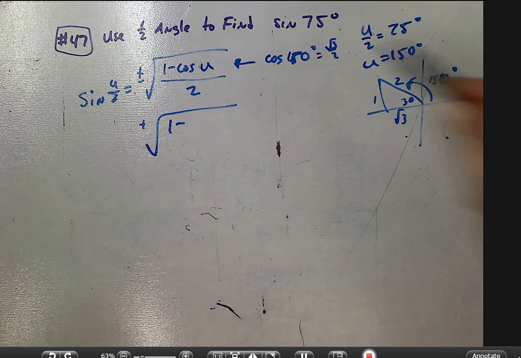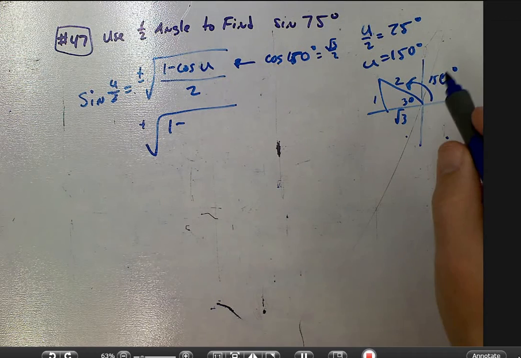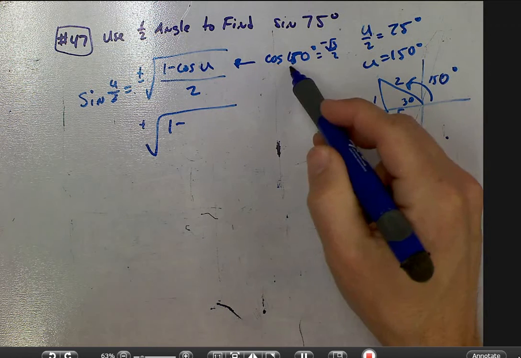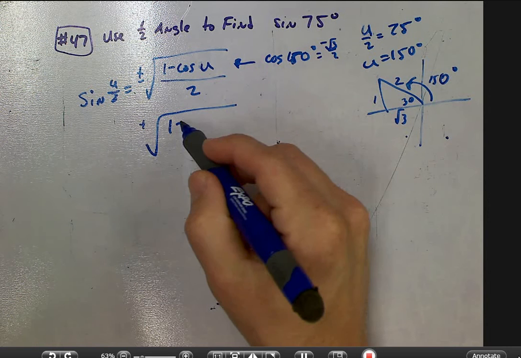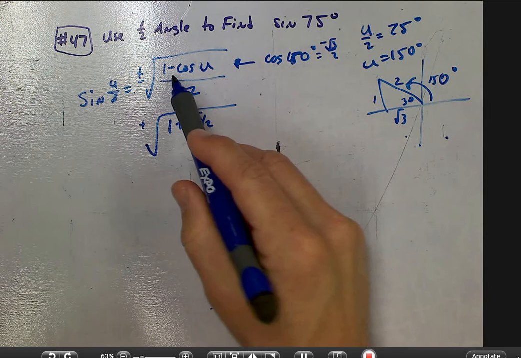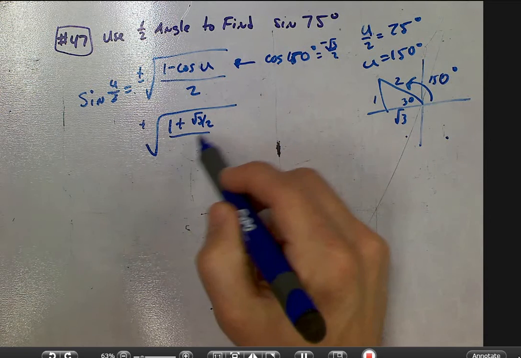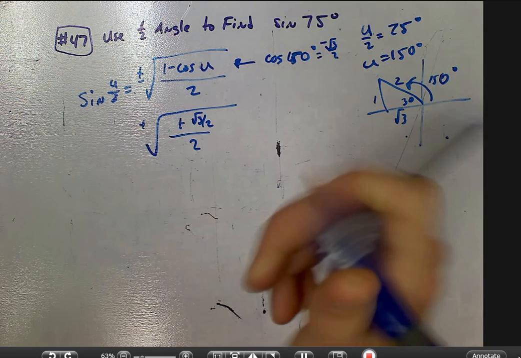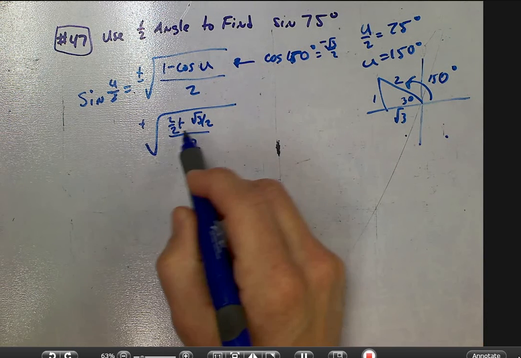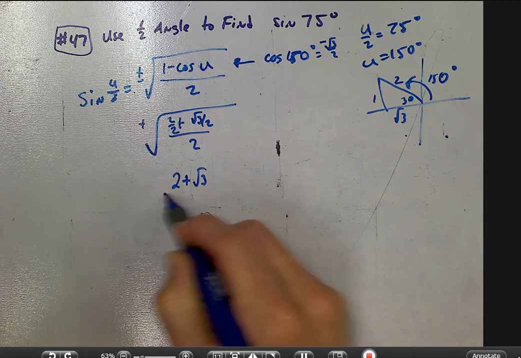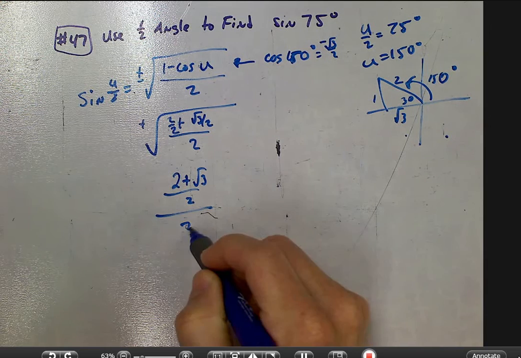And it's, again, negative because it's in the second quadrant. 150 is in the negative quadrant, so it becomes plus square root 3 over 2 because minus a negative makes it positive. So again, I'll erase this 2 and I'll replace that with the fraction 2 over 2 so I can add the fractions together. So 2 plus square root 3 over 2 all over 2.